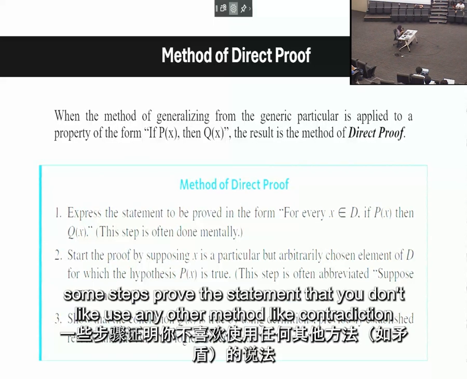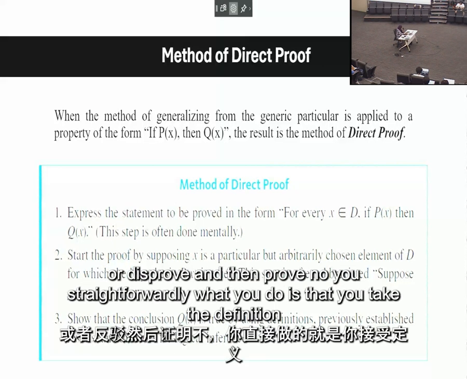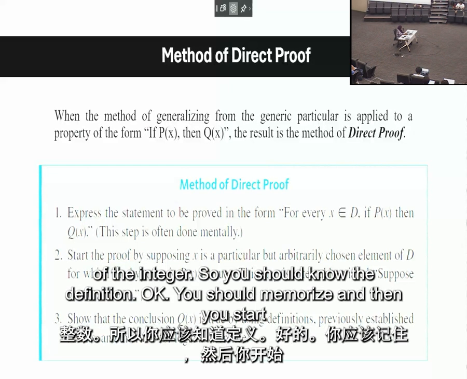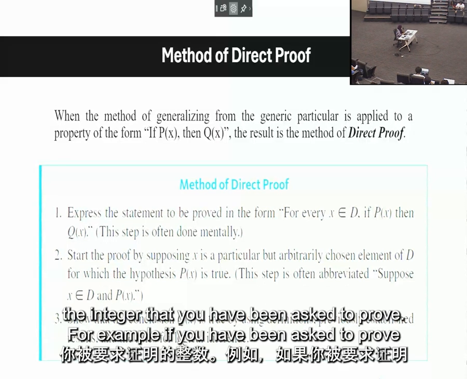You don't use any other method like contradiction, where you assume the opposite first, or some other complex method like mathematical induction, or disprove and then prove. No, you straightforwardly take the definition of the integer. So you should know the definition. Okay, you should memorize it, and then you start from there, take some mathematical steps, and prove your statement in the form of the integer that you have been asked to prove.